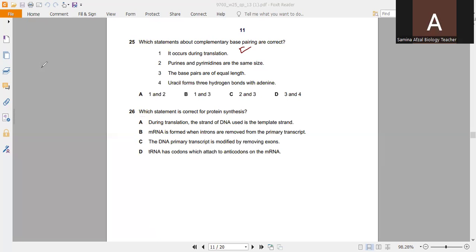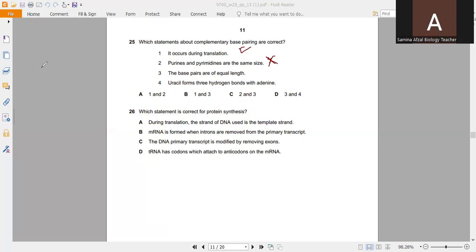Then, purines and pyrimidines are the same size. No, pyrimidines and purines are not the same size. Purines have a double ring structure, whereas pyrimidines have a single ring structure. So therefore, they are not the same size.